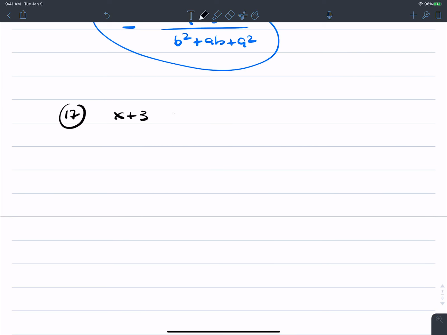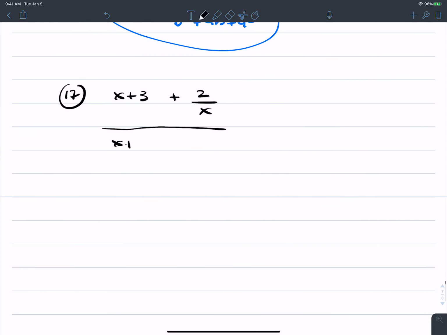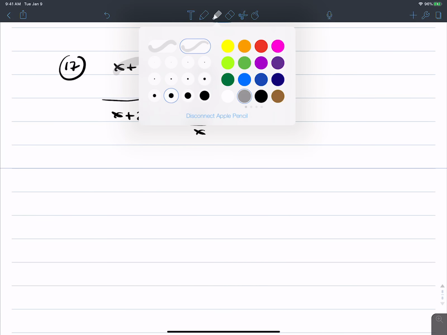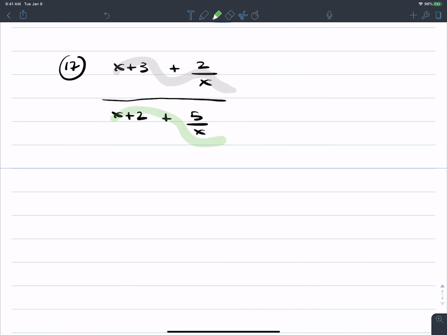x plus 3 plus 2 over x, over x plus 2 plus 5 over x. So notice here we'll have a sum in the numerator position and a sum in the denominator position, followed by our division here.